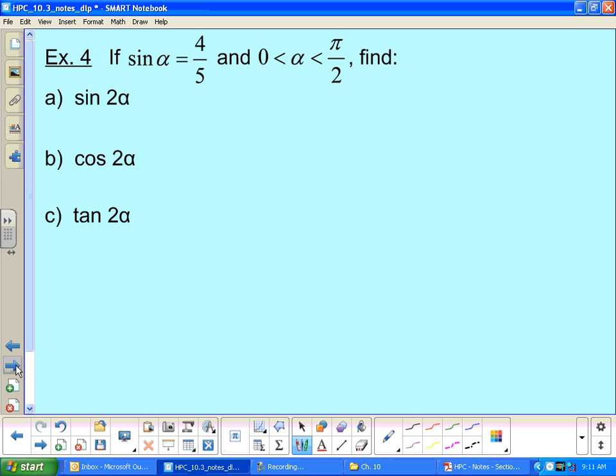All right, sine of alpha is 4/5. We are now in quadrant 1, and we're going to find the double angles of all three of these. Over here, quadrant 1, there's our alpha, there's our 4, there's our 5, we have a 3, 4, 5 triangle. And then therefore we can find cosine of alpha and tangent of alpha.